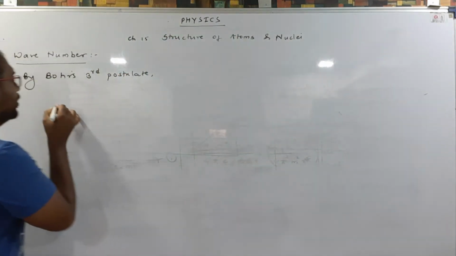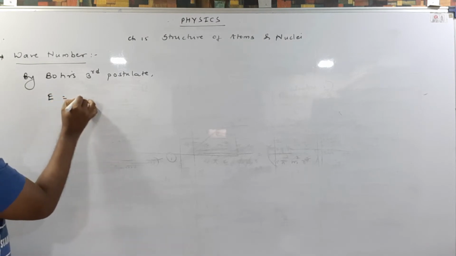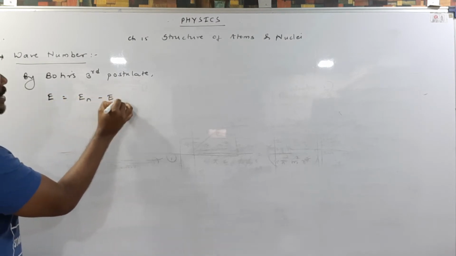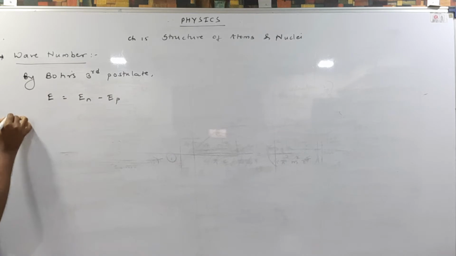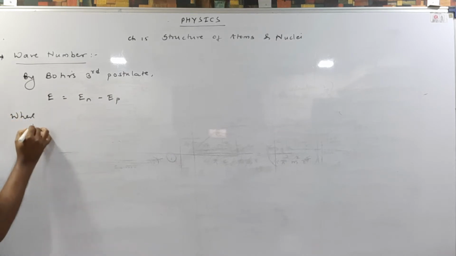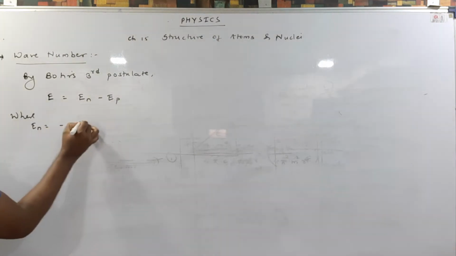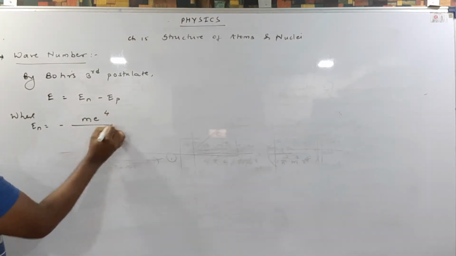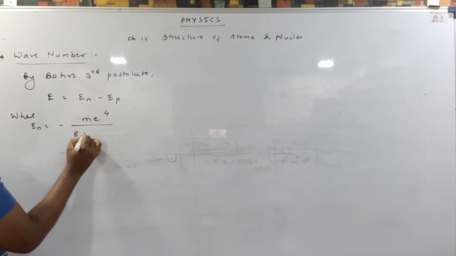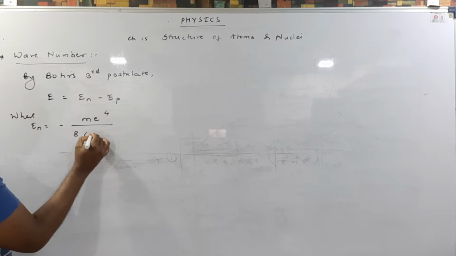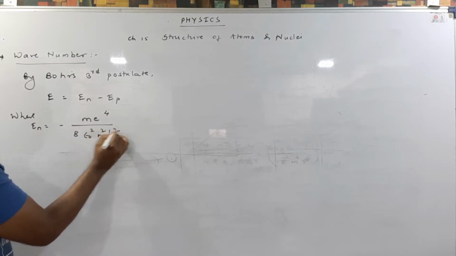Then we can write energy radiated is equal to En minus Ep. Where En is the energy of the nth orbit, and that I can write by the formula minus me raised to 4 divided by 8 epsilon 0 square n square h square.